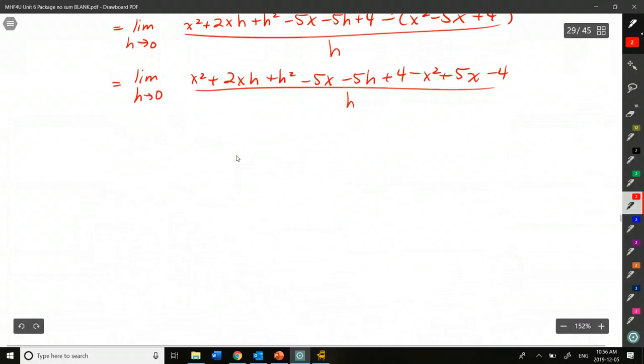Okay, and because I'm calculating dy over dx when x equals 2, I can also sub in x equals 2 for all of the x's that I have here. But you might notice first that some of these things are actually canceling out. Like I have a positive x squared and a negative x squared. I have a negative 5x and a positive 5x, and I have a positive 4 and a negative 4.